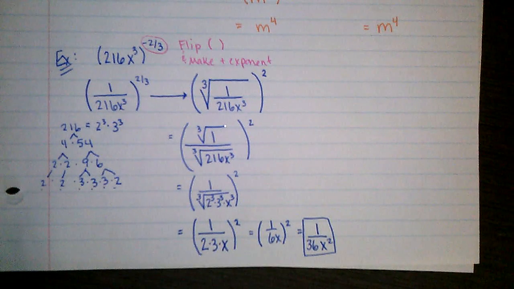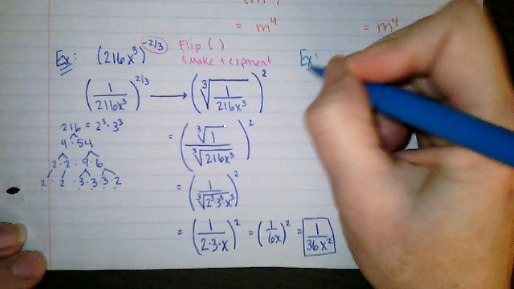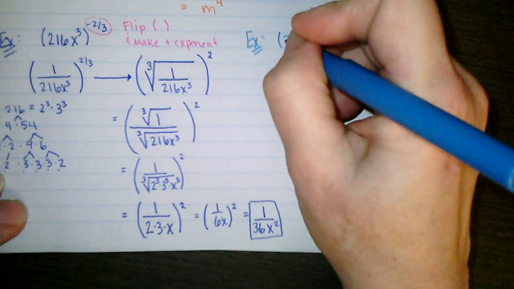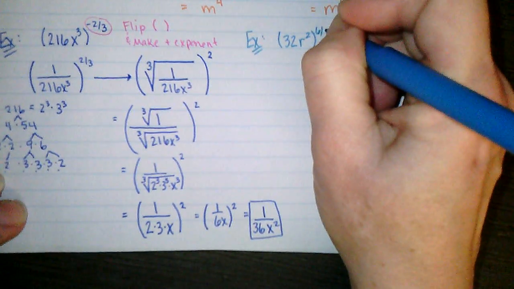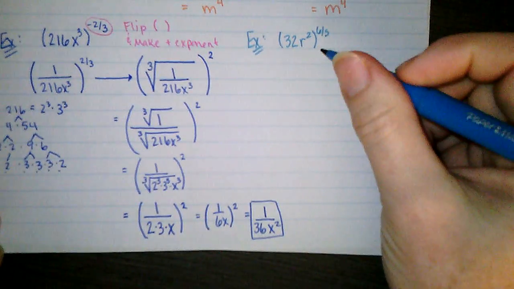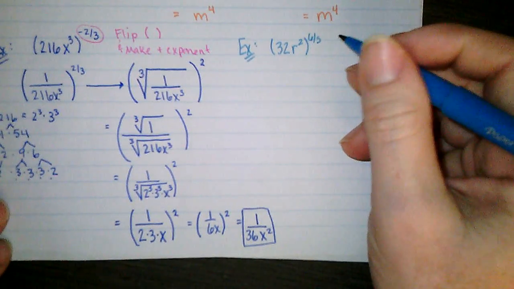I'm going to see if I have room to fit one more problem right over here. It might get kind of squishy. 32 r squared to the 6/5. So we're going to go ahead and make that into radical form.